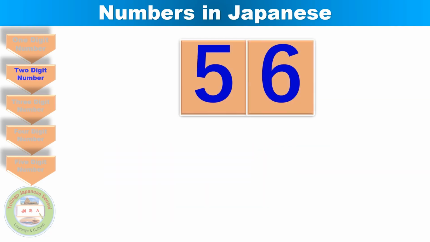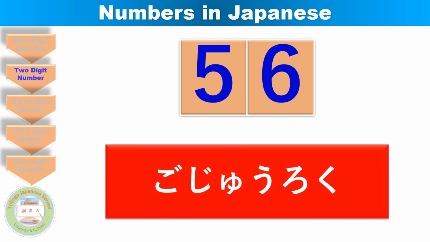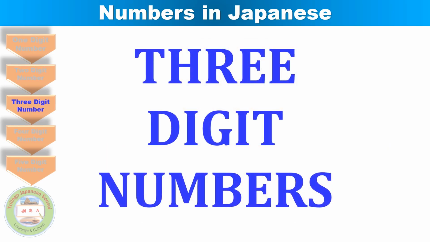Another one, 56. 50 means goju, 6 means roku. Combined together, goju roku means 56. I hope you had a fun time learning single digit and 2 digit numbers. Let's keep the same momentum to learn about 3 digit number systems as well.